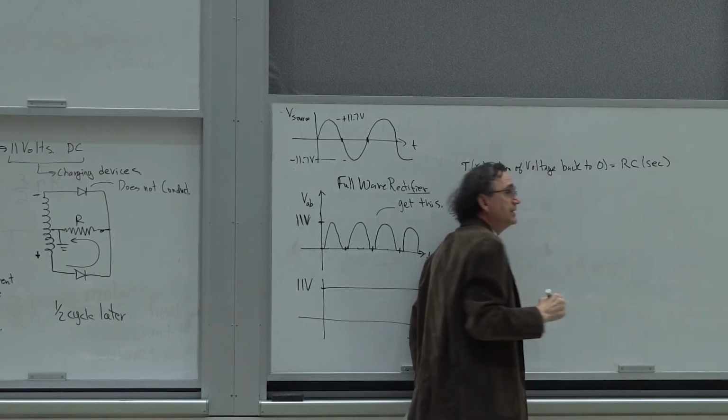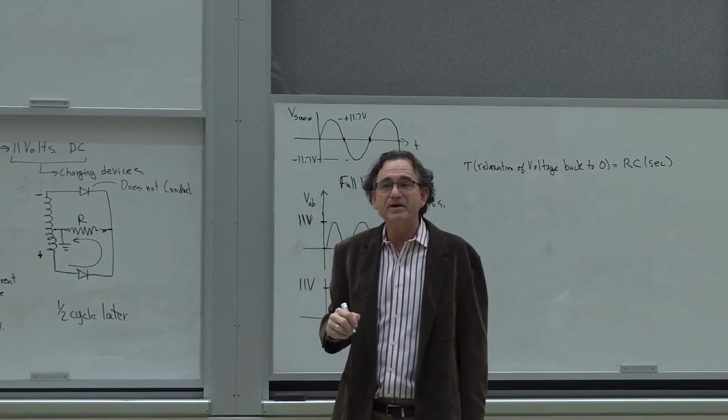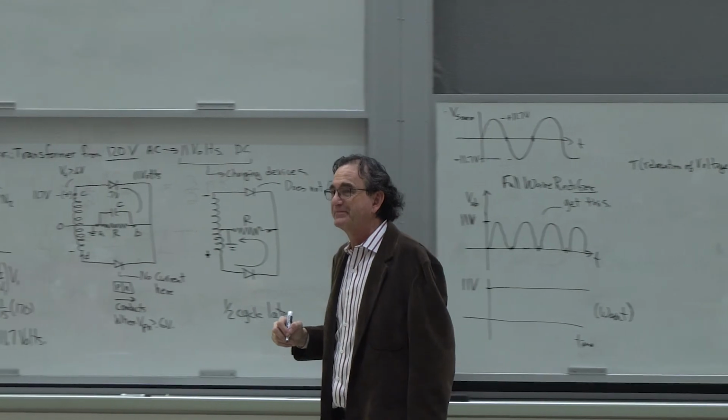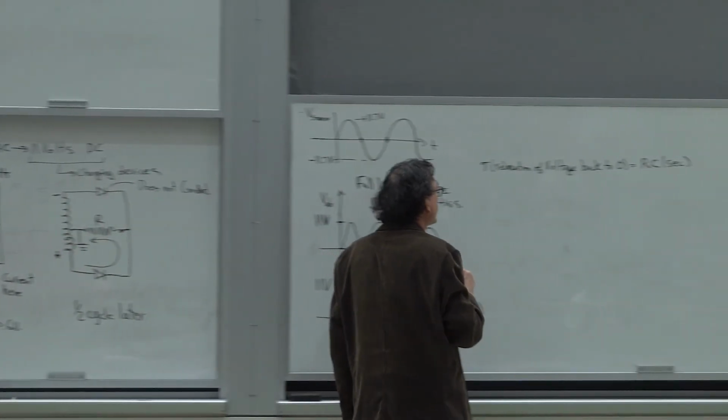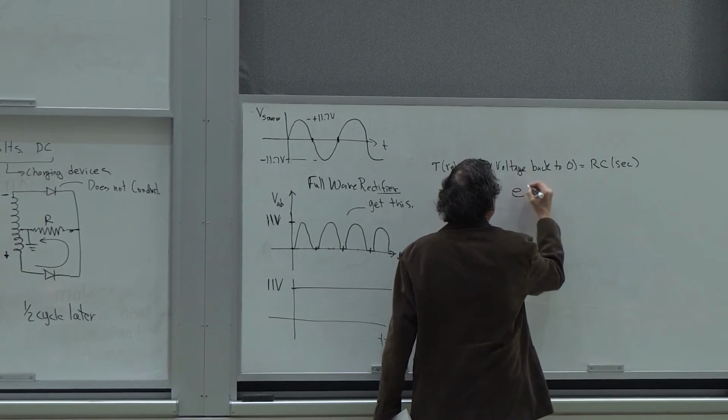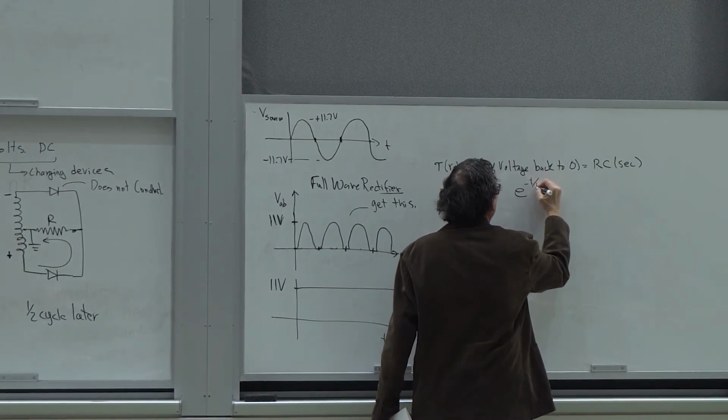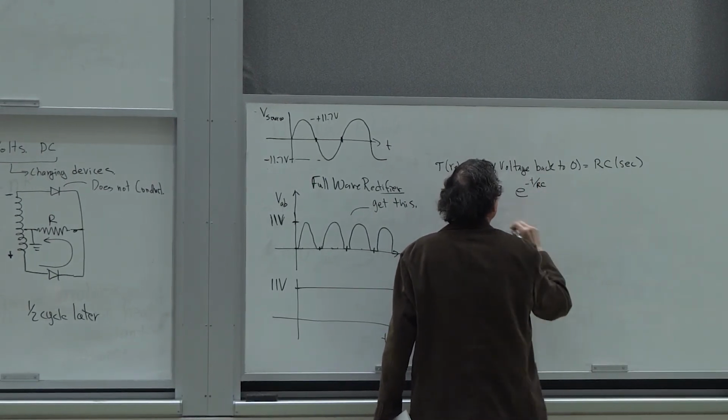In case you didn't know, if you multiply resistance times capacitance, you get time. So what it also tells us is that relaxation can be described by e to the minus t divided by RC, where RC is the time constant.